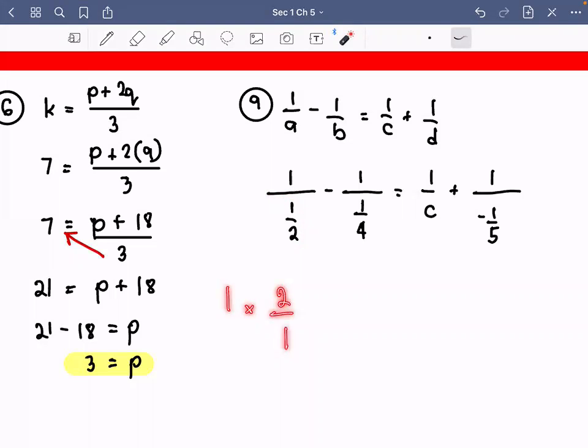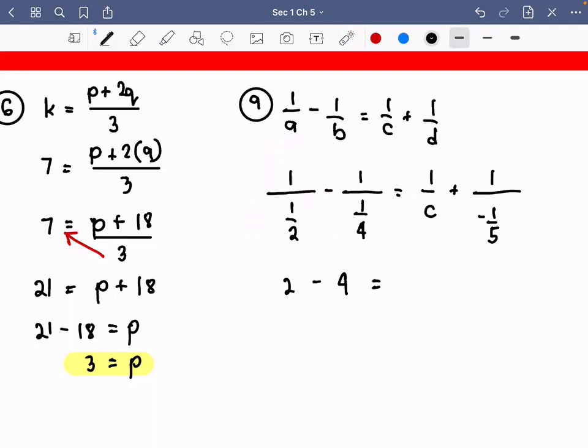So your answer here is 2, okay? Now, if you don't want to do this manually, you can just type this in your calculators, using the fraction key, so 1 over 1/2. So you will get 2.